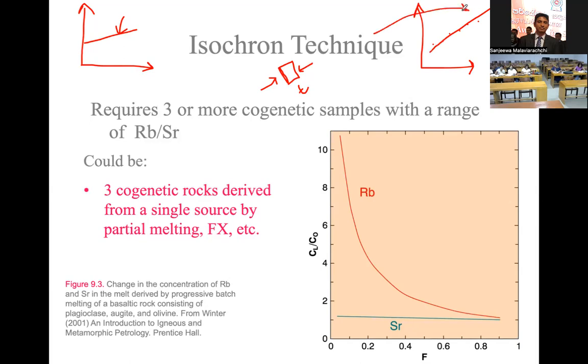This is called an isochron because for making an isochron, there should be one original isotope ratio. That's why we wanted this particular rock to be in a closed system. If it is originating from one single original parent isotope ratio, all these minerals will be formed from that.